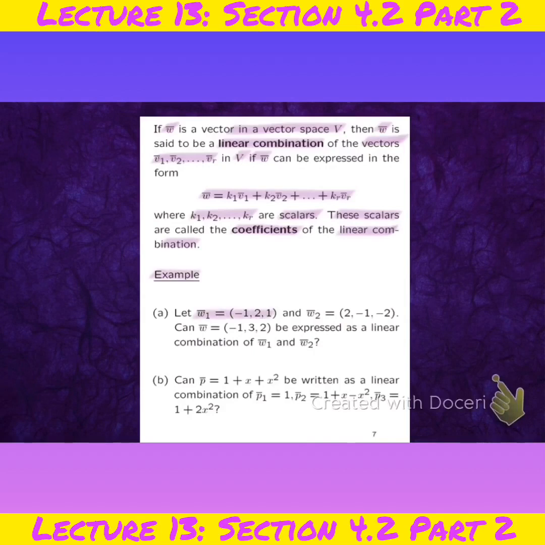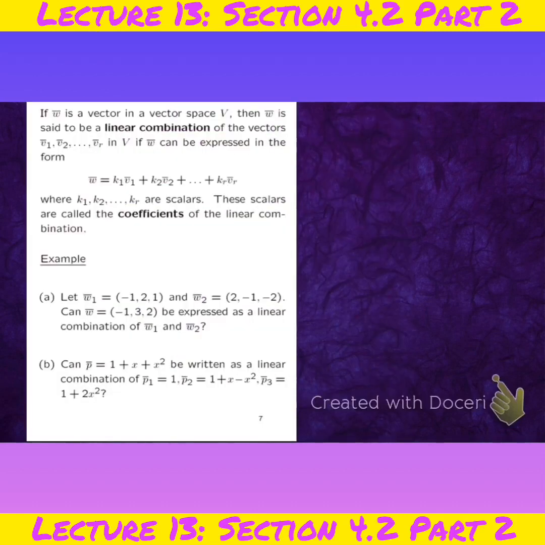If we're given two vectors W1 and W2, the question is, can W be expressed as a linear combination of W1 and W2? Can we express it as a linear combination?